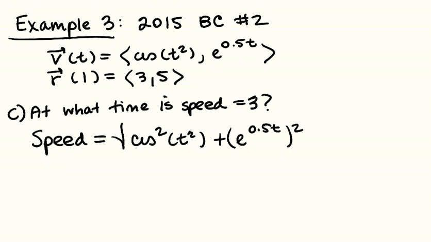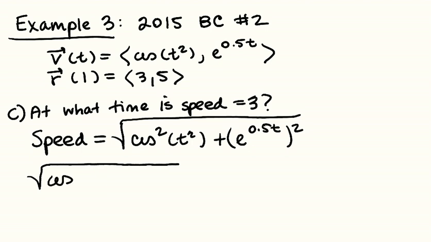Maybe you know what that is, but if we're going to put this into the calculator anyway, no sense in risking algebra error. So we want to know where the speed is equal to 3. Again, for the reader, I'm going to write the equation whose solution I'm going to find using the calculator. Cosine squared of t squared plus e to the 0.5t squared equals 3, or minus 3 equals 0.